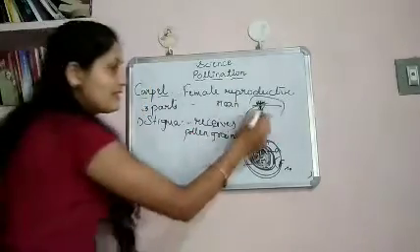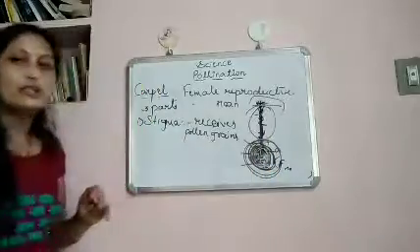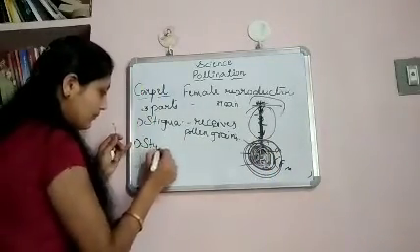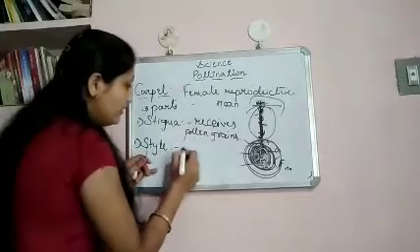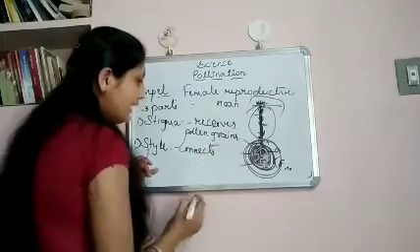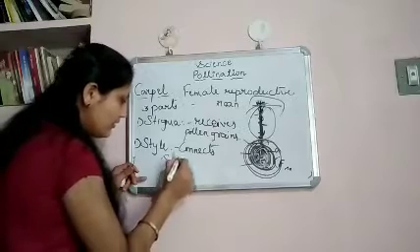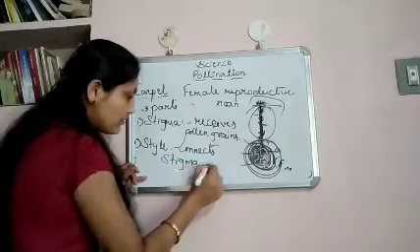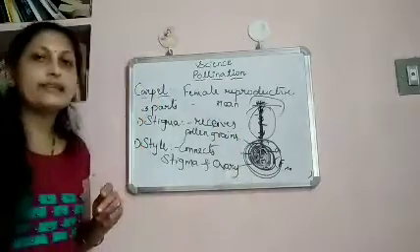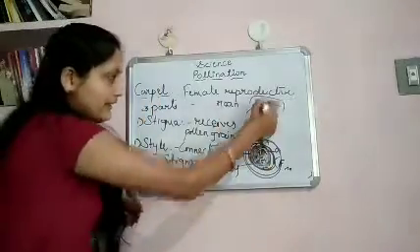And next is this region. This is the tube-like structure called style. This connects stigma and ovary.